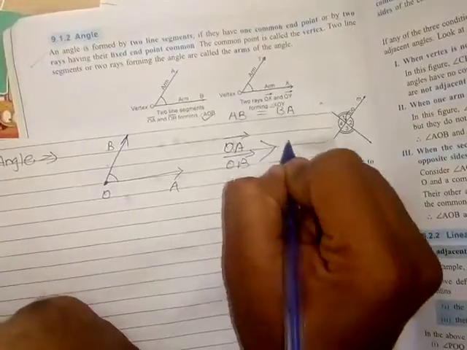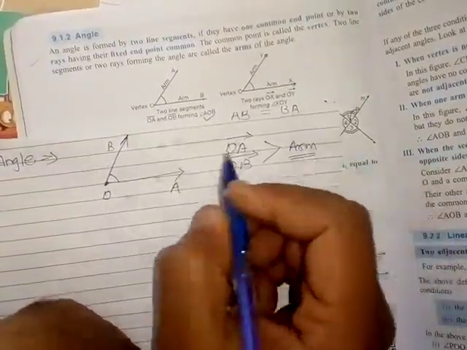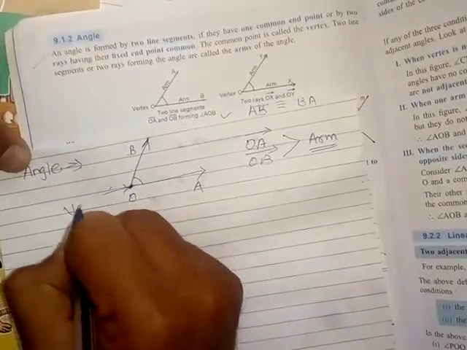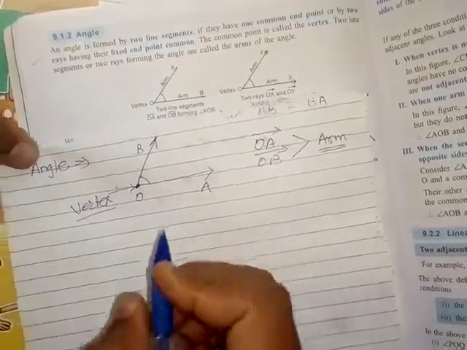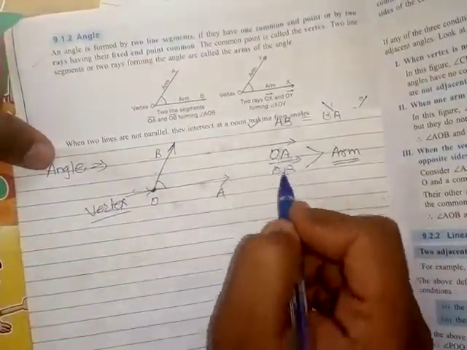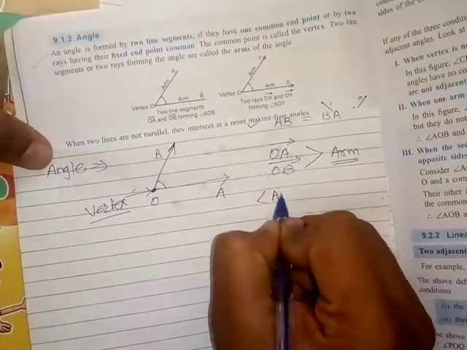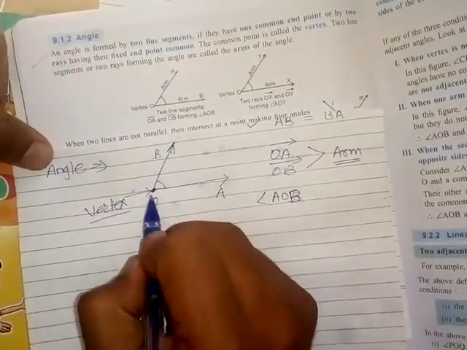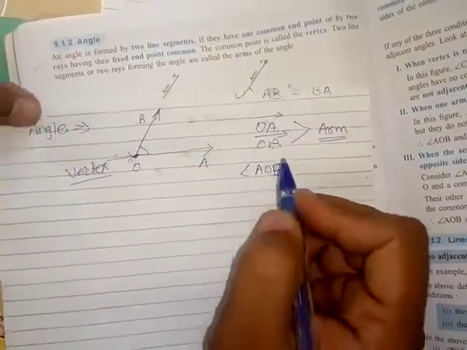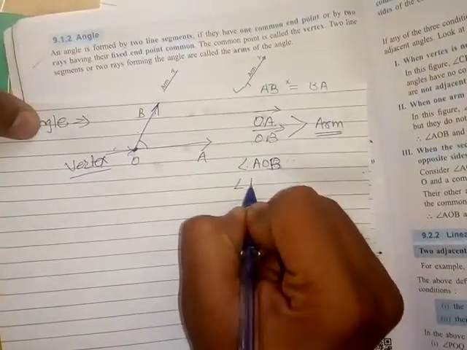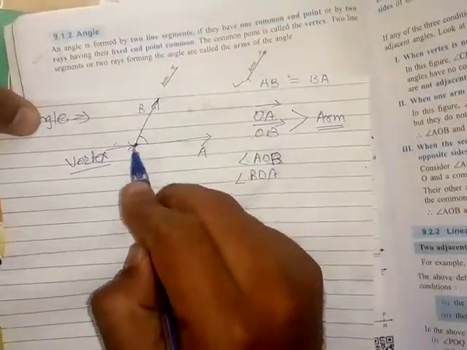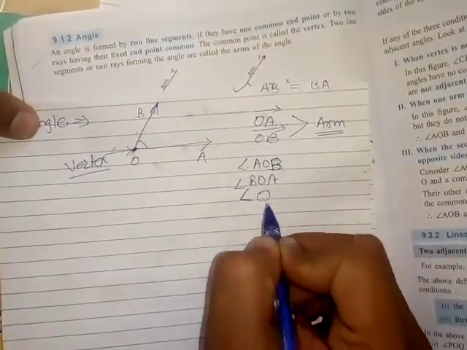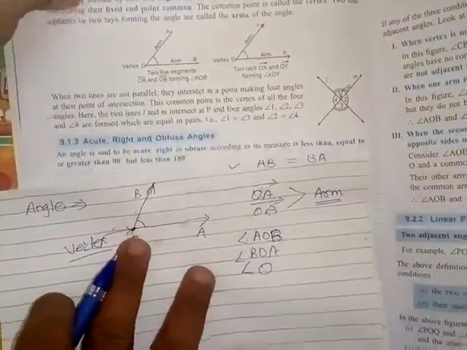OA and OB are called arms, meaning the sides of the angle, and O is called the vertex. So OA and OB form the angle AOB, where the letter of the vertex comes in between. It can be angle AOB or angle BOA, and the third name of the angle is the vertex itself, angle O. In this way we have understood.